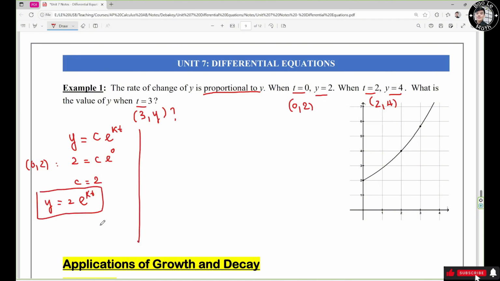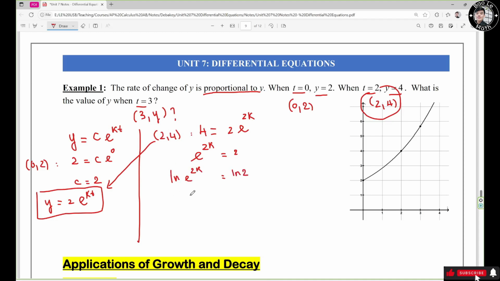Alright, now we need to solve for k. We're going to use the second ordered pair right here, 2, 4. Then I substitute into this equation. So I have 4 equals 2 times e raised to the 2k. So then e raised to the 2k equals 2. Take the natural log of both sides, so I have natural log of e raised to the 2k equals natural log of 2.